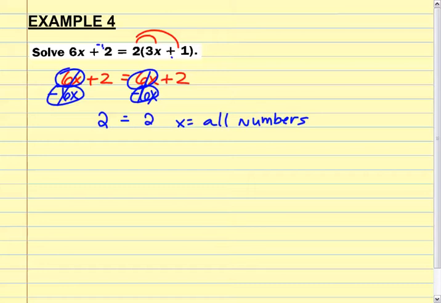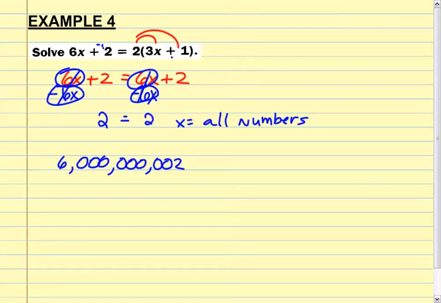Someone earlier today said, well, what if you put in a billion? Okay, well, that would be 6 times a billion, which is 6 billion, plus 2, right? So that's 6 billion 2. Now, if I plug it in on the other side, it's 3 times a billion, that's 3 billion, plus 1.